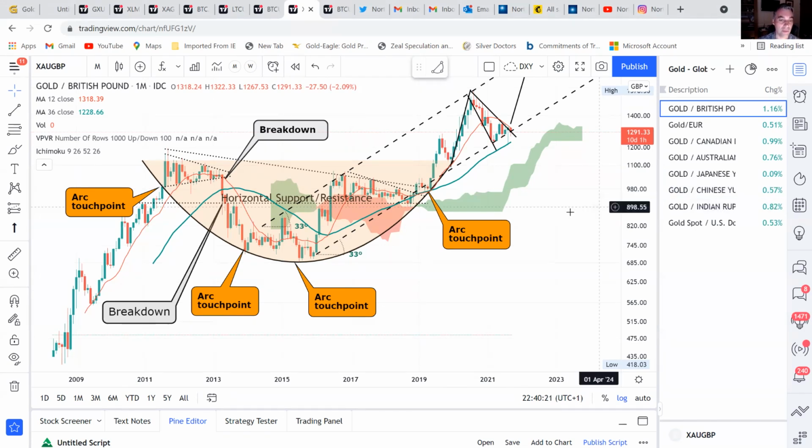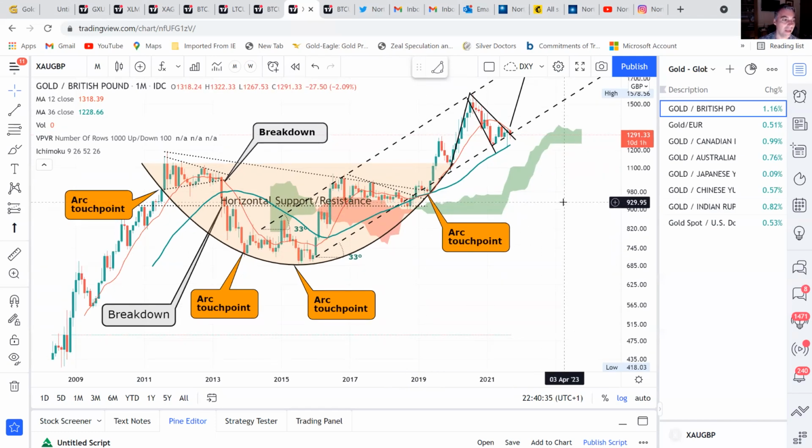All of those currencies were kind of front running what was happening with gold in US dollars, and it was dollar priced gold which actually broke out last. I think all the others led that breakout. So interesting to keep an eye on that.